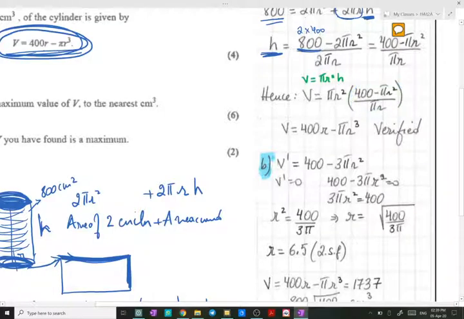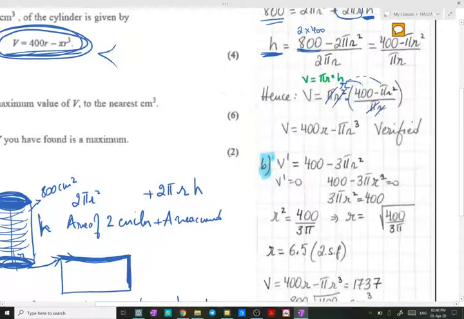You simplify the pi and the pi, and the r squared divided by r leaves r. So you multiply r inside to every term, so it's 400r minus pi r cubed, and this is what they want from us.